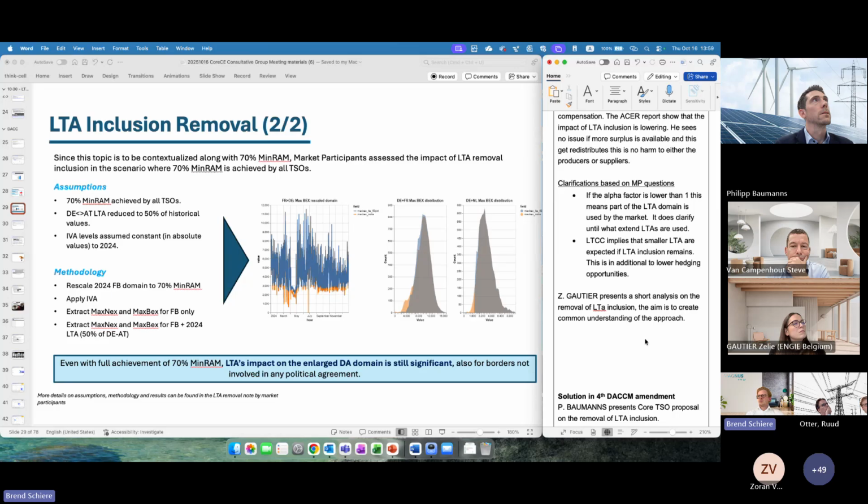So what we did, you can see it in the assumptions on the left. We rescaled the 2024 domain according to 70% MIRAM. We halved the values for Austria.